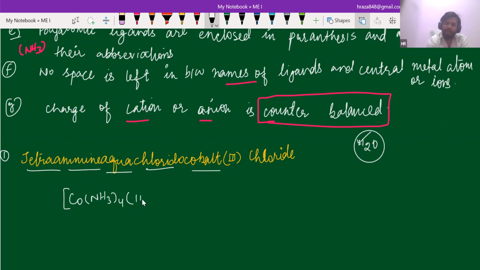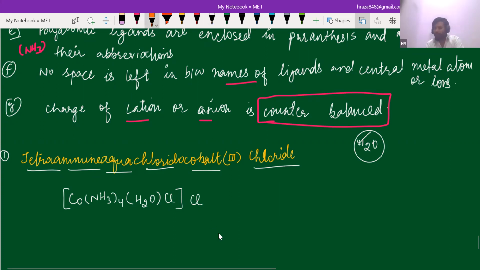Aqua means H2O. These are polyatomic ligands, that's why I write the parentheses. Then chlorido means Cl. Then close the bracket, and since there is chloride, I put chloride here.